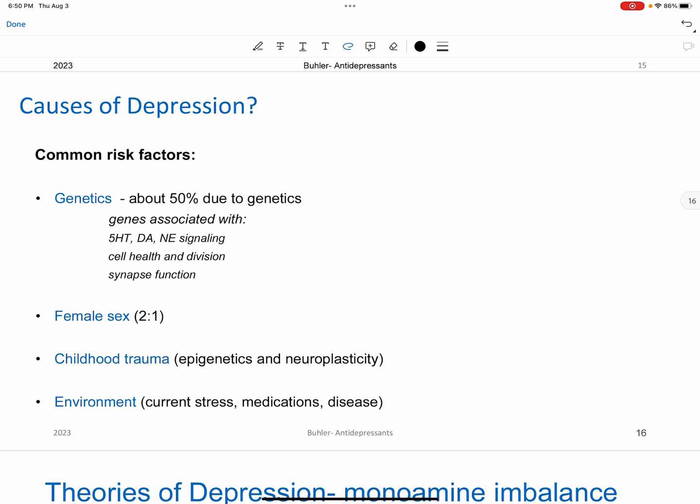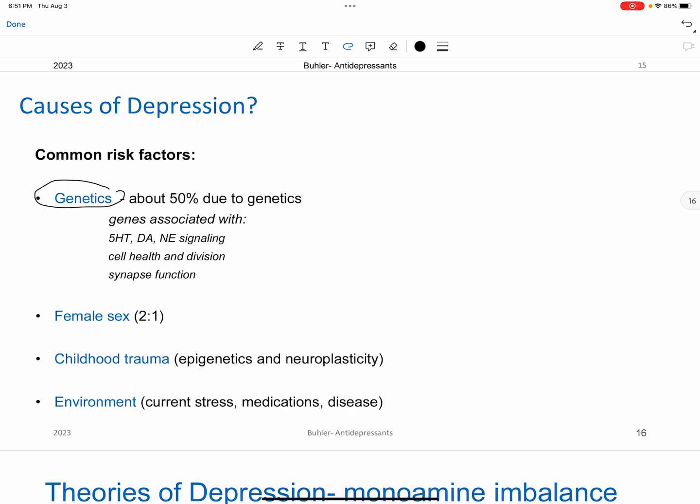But there are a lot of really clear risk factors, and genetics is about 50% of the risk. It obviously runs in families, but a lot is also not due to genetics itself. We can talk about epigenetics as we go.